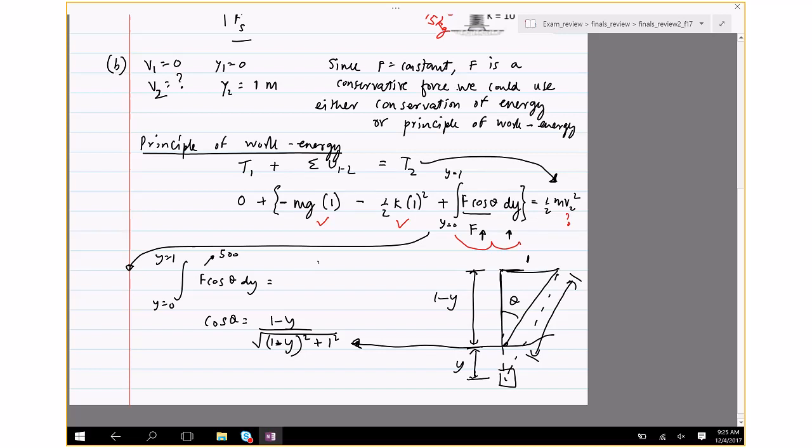So this comes out to be F times that, so now you can integrate it, because I don't remember how to integrate that, right.